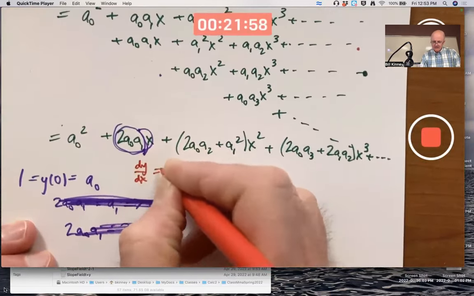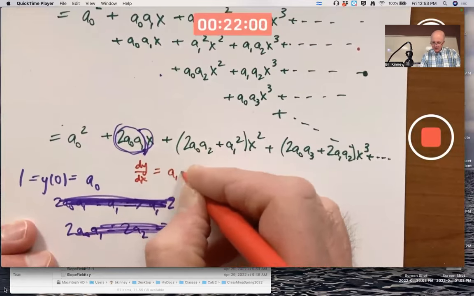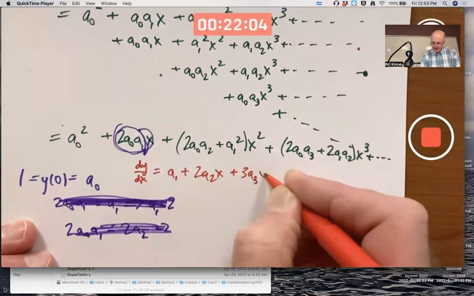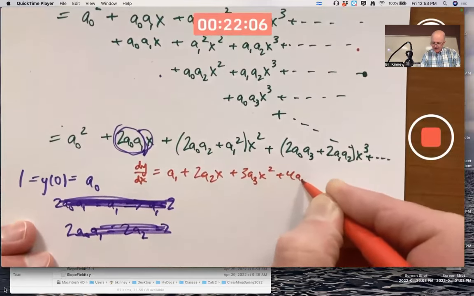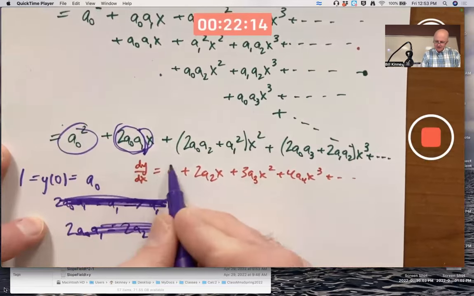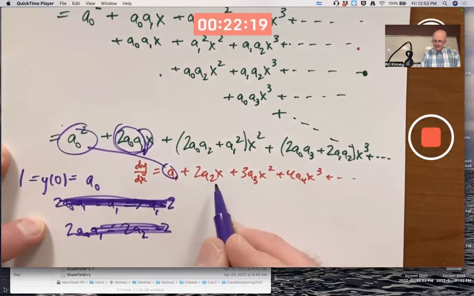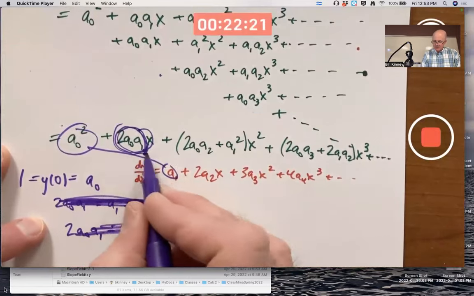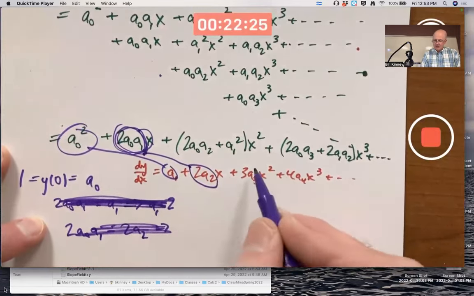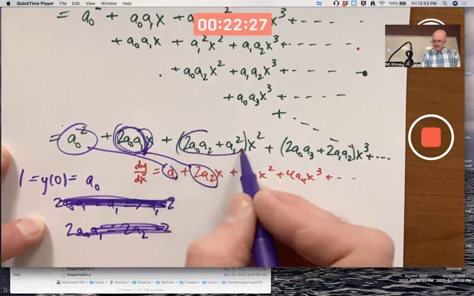dy/dx, remember, was a1 plus 2a2x plus 3a3x squared plus 4a4x cubed, etc. The constant terms are these two. These have to match. The x terms are these two. They have to match. The x squared terms have coefficients that are this and this.